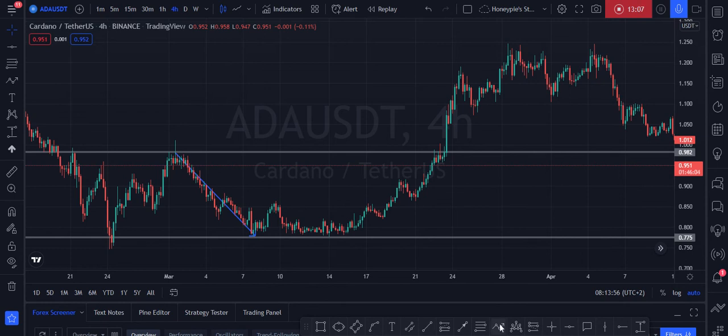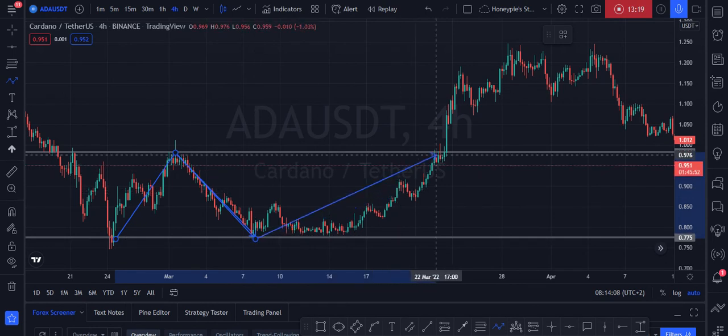If you notice, this zone has already been acting as a support right from this point, where price bounced hard off to this point. Price dropped and bounced off again instantly.